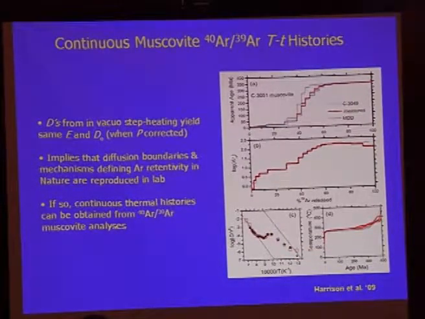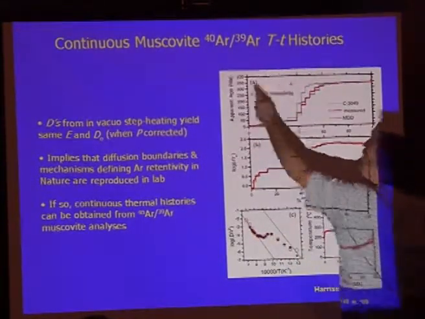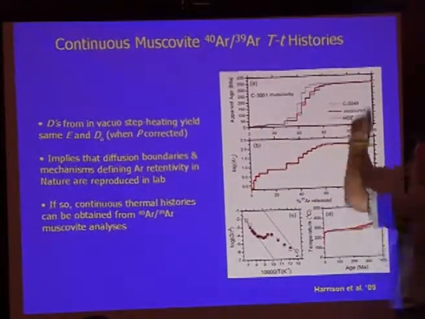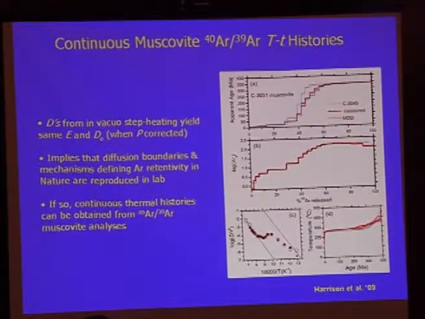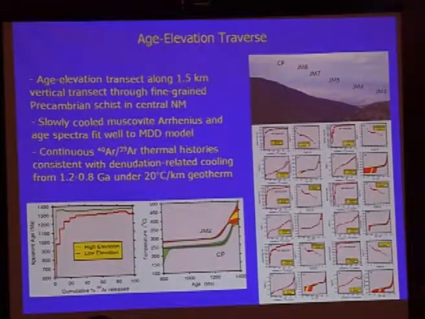We didn't have to do the piston cylinder experiments. We could have just paid attention, looked at the samples. This, of course, is the small domain stuff. That's the reason why you don't get convex upwards age spectra. This is basically the small domain degassing, the big guys. So the potential there is fantastic, and this really remains unexploited.